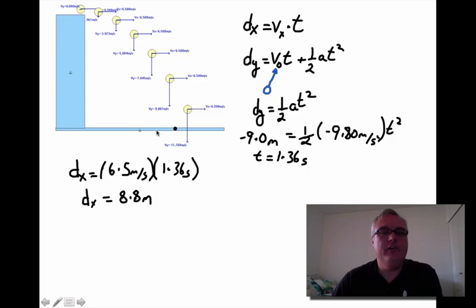So I've now determined how far it travels in the horizontal direction using just equations that we used in grade 11 physics.